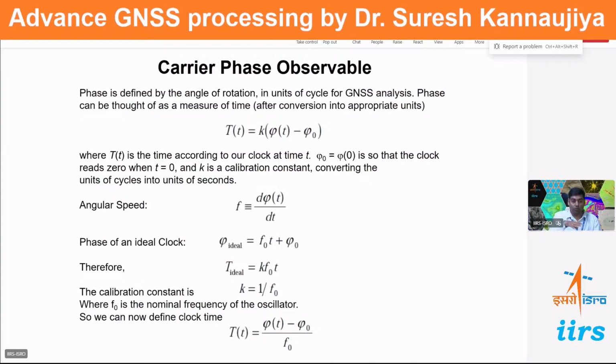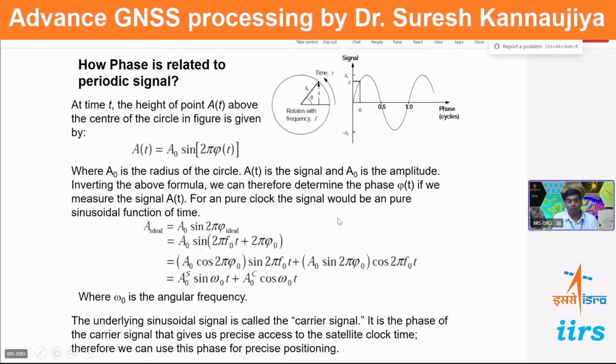If we compare with the sinusoidal wave, one cycle is 2 pi and is equivalent to one complete circle. For instance, you can see here this is one complete cycle, and if we want to see this point on this circle, it will be somewhere here.